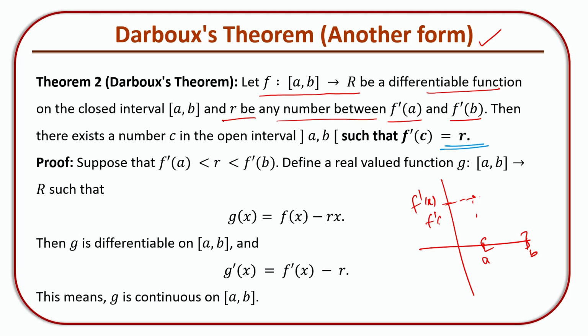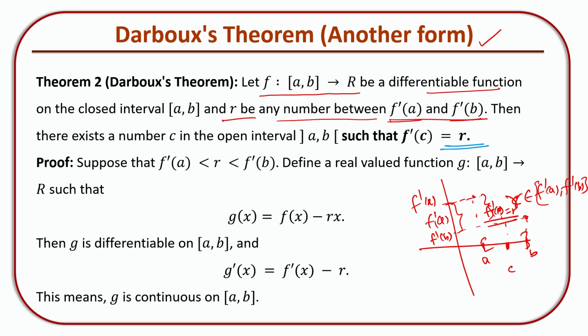So here we have f'(a), and let's say b is here, this is f'(b). So if a number r, not c, is lying between f'(a) and f'(b), lying between these two numbers, then there exists a number c in [a, b], so that f'(c) is going to be equal to r. That is our theorem.